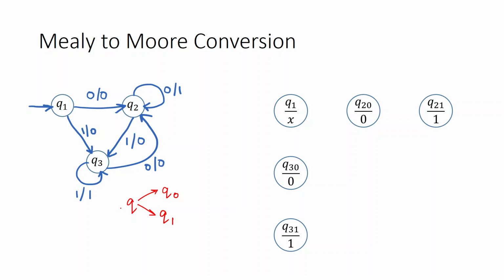So I cannot keep Q as it is, because when I keep Q, I should associate an output with it also. And here I see that it is possible that in some way I come to Q and I have generated output 0. In some other way, when I come to Q, I have generated an output of 1.